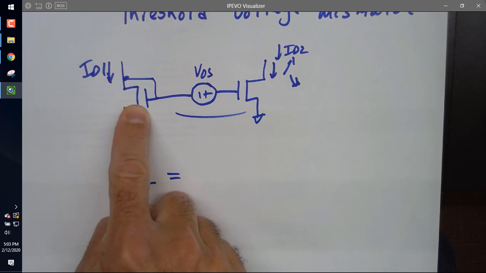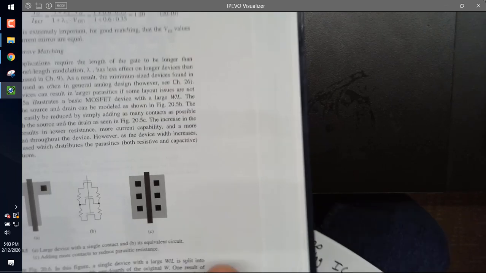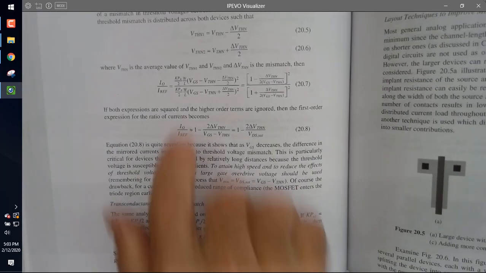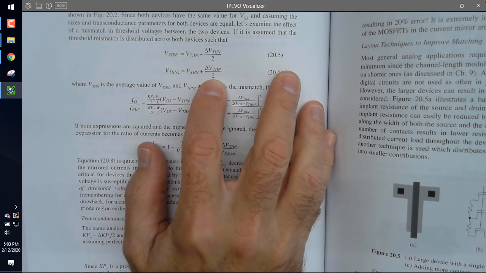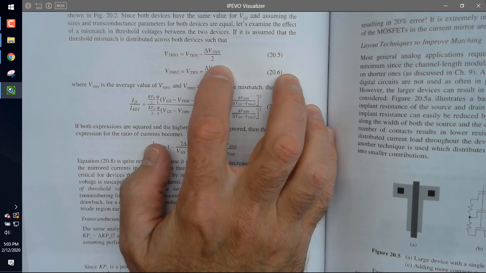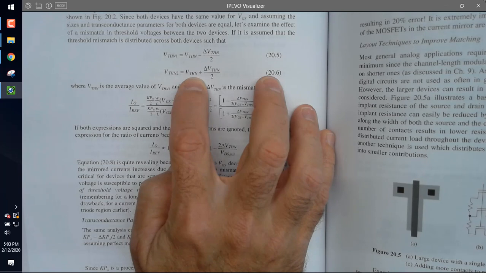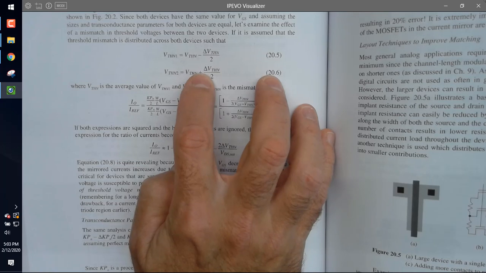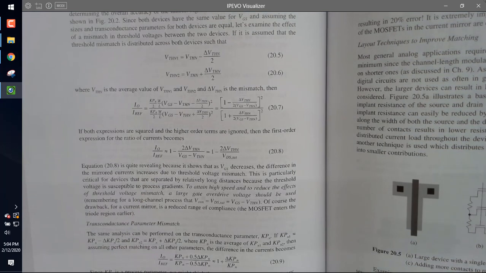So the way I model that in the book is I take the mismatch in the threshold voltage between the two transistors, and say one is too low and one is too high. The difference is the offset, delta V threshold N, and the average would just be V threshold N. So that doesn't say one is right and one is wrong. It says they're both offset and they both will not match with each other.